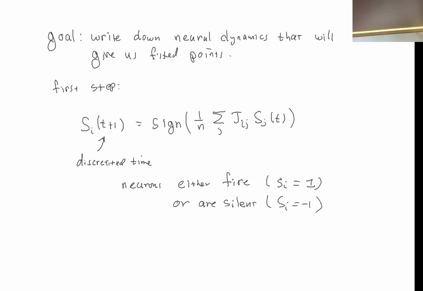We could have done 0, 1, but we do +1 and -1 just because it's easier. And then this J_ij is the connectivity matrix. Okay, and what we want to do is choose a connectivity matrix so that we get lots of fixed points.